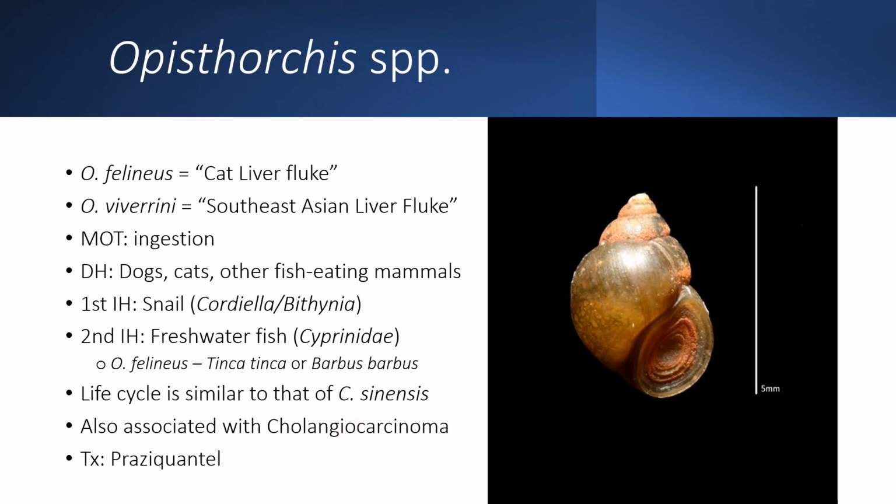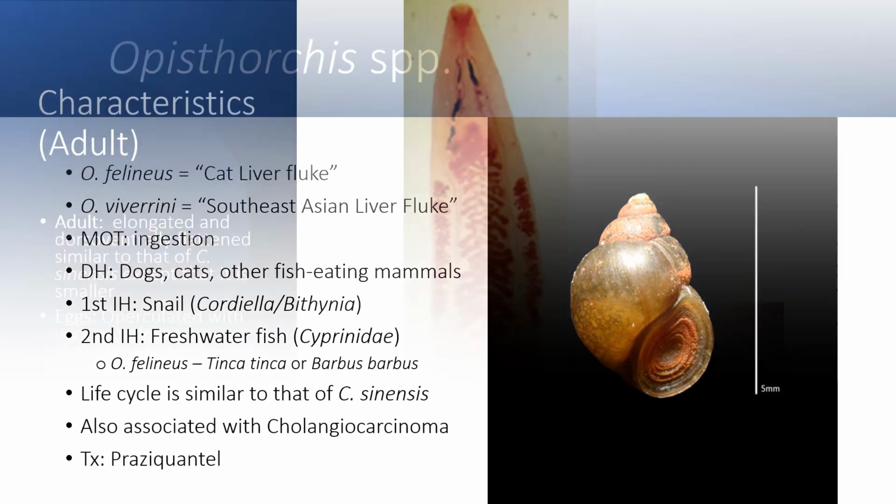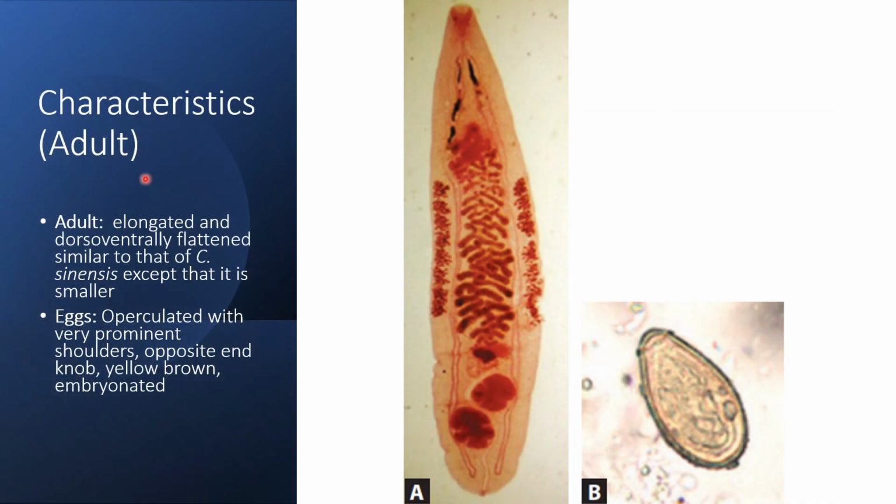So let's talk about the adult of the Opisthorchis species. The Opisthorchis adult is elongated and dorsoventrally flattened, similar to Clonorchis sinensis, except that it is smaller.